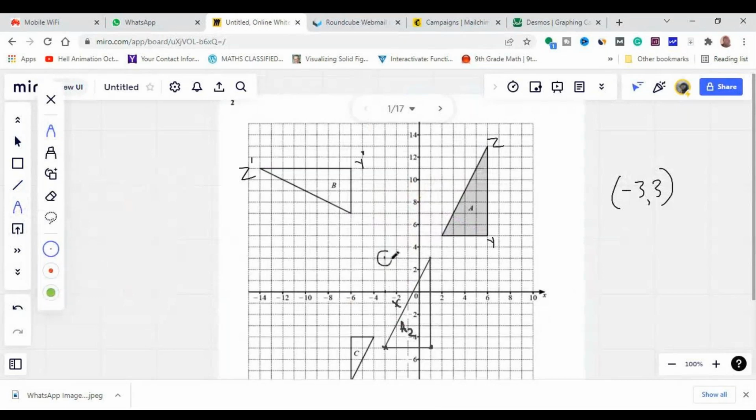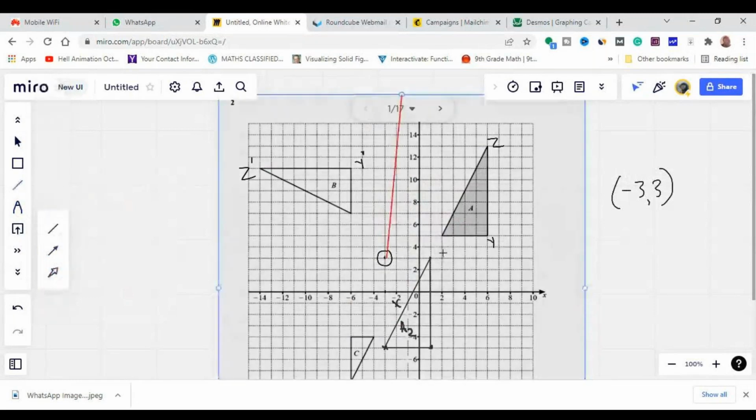Now I pick up my x prime. Now pick up any pair you want: X prime, y prime, z prime, your choice. I pick up y prime. I join my center with my object y, vertex.